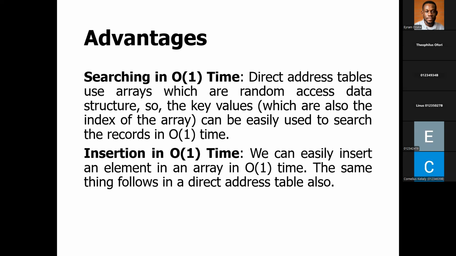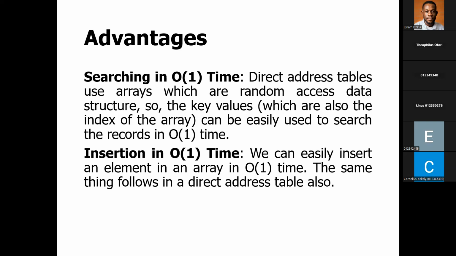Direct access tables use arrays, which are random access structures. So the key values, which in this case are the telephone numbers, are also the index, so it can be used easily to search for a record in constant time complexity, so big O of 1.